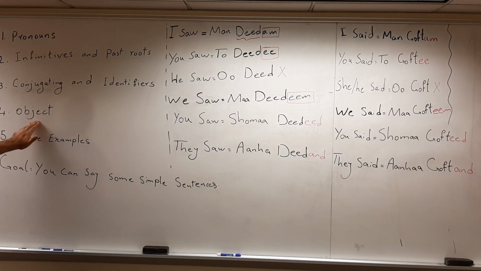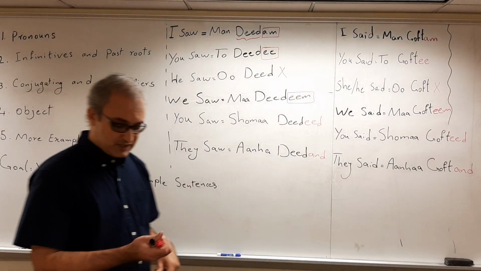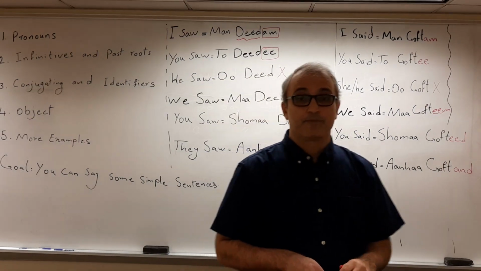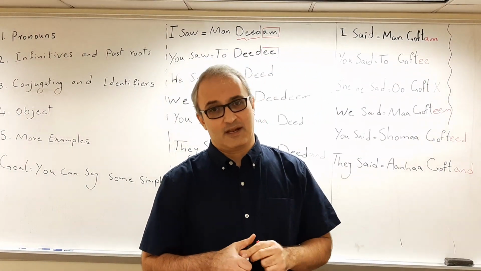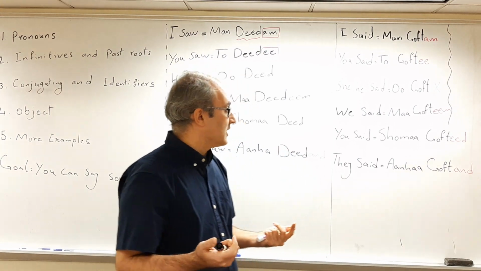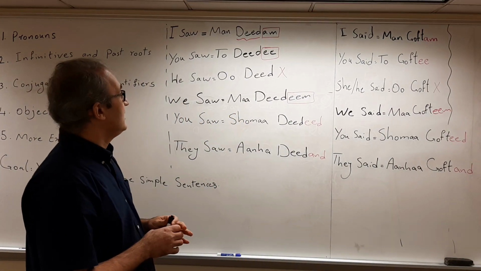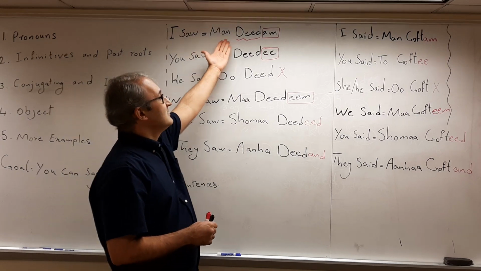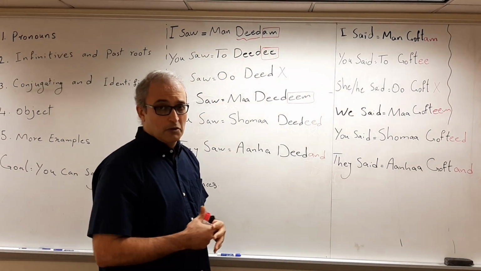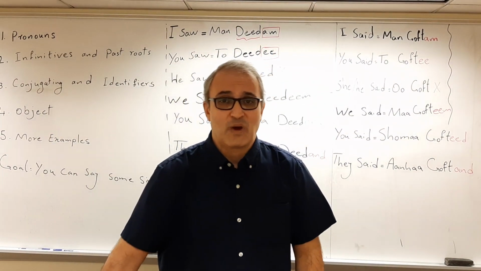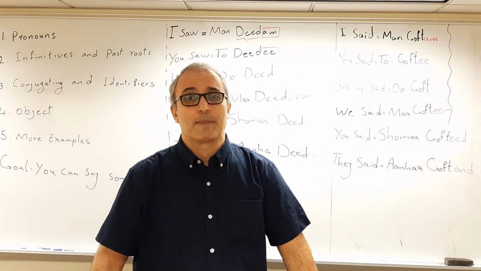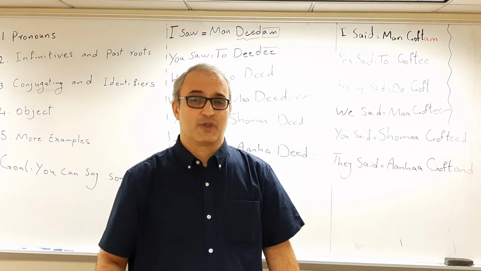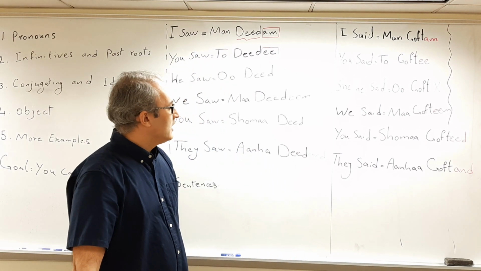Now, I have to say something about object because I want to say a complete sentence in English with object. For example, when I say من دیدم, I saw, maybe you ask me, okay, what did you say? I need to say something about object in my sentence.